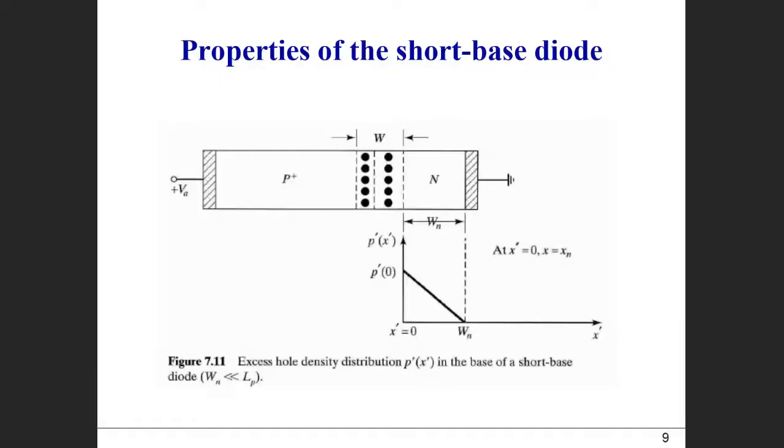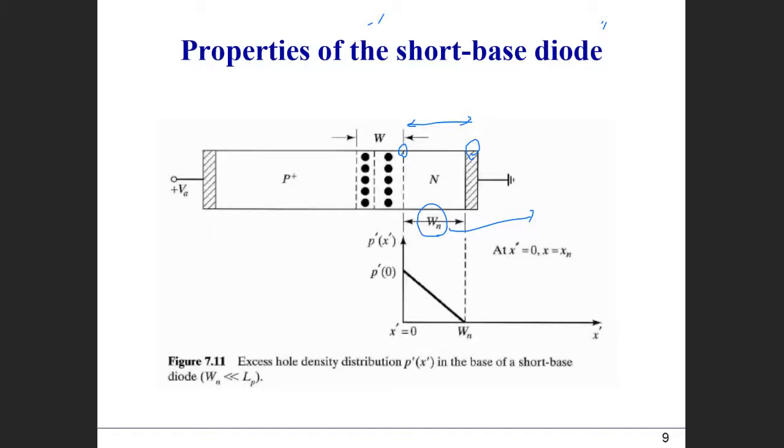Okay, thank you. So the meaning of a short-base diode is when the junction is close to your electrical contact. This distance in here is shown as WN.